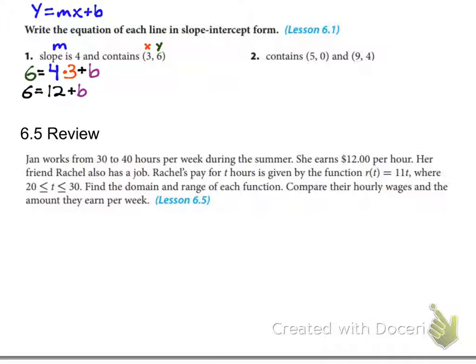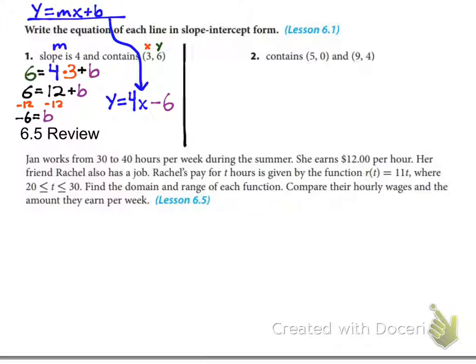So 6 equals 12 plus b, and subtracting 12 from both sides, we get b equals negative 6. So plug this into our equation: y equals 4x plus negative 6, in other words, minus 6. So y equals 4x minus 6 is our final equation and answer for that first one.